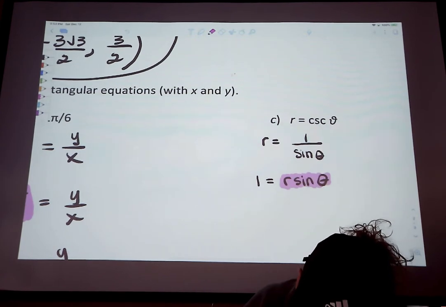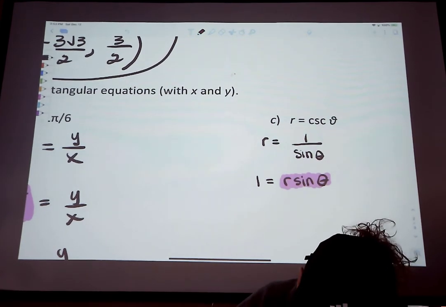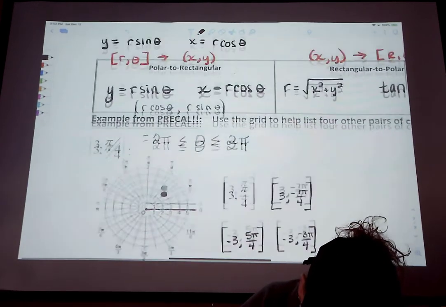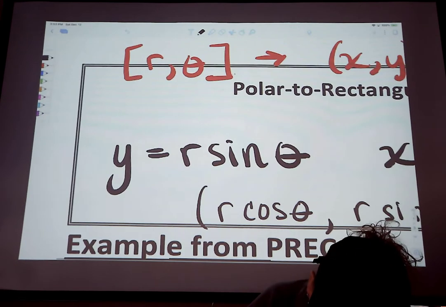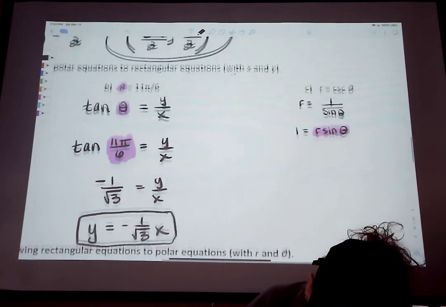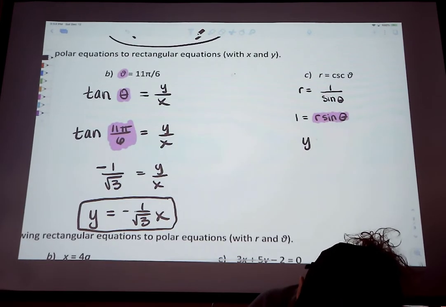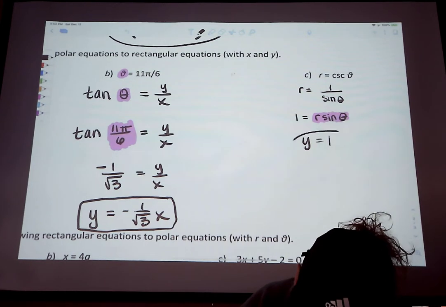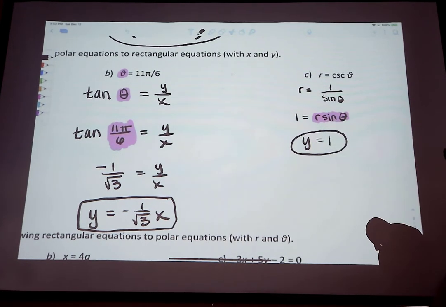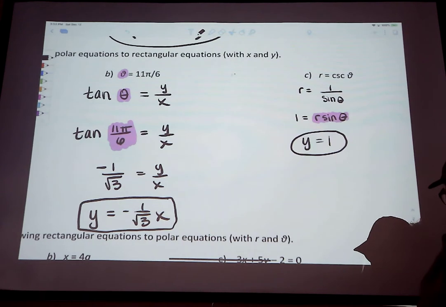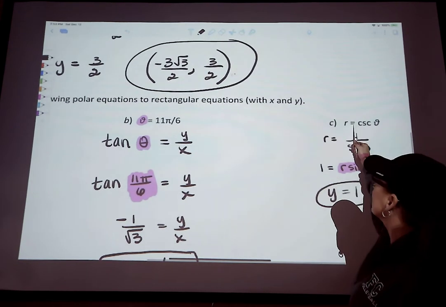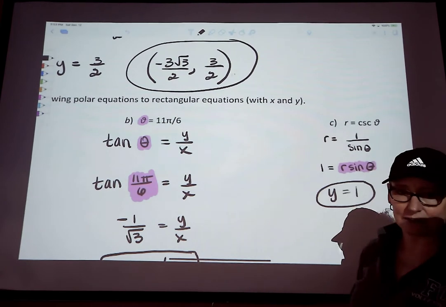Does this look familiar? Horizontal line, y equals 1. Now, I wouldn't have known that by looking up here, but that's kind of cool.